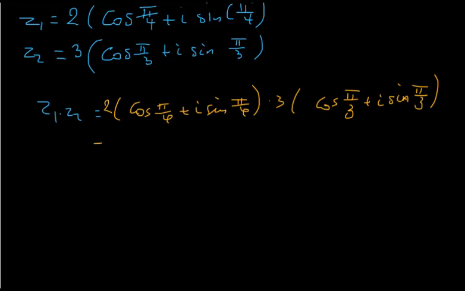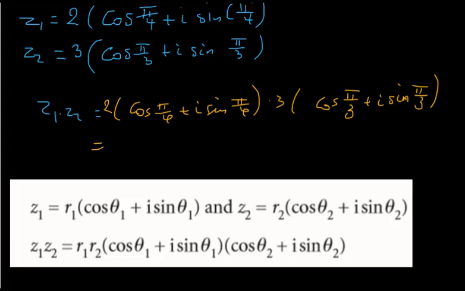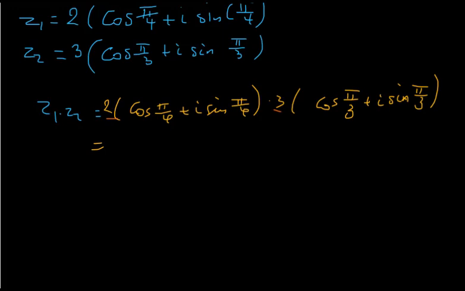The product of two complex numbers in polar form is the product of the moduli, which is 2 times 3, consider this as multiplication, and the sum of the arguments of the two complex numbers.